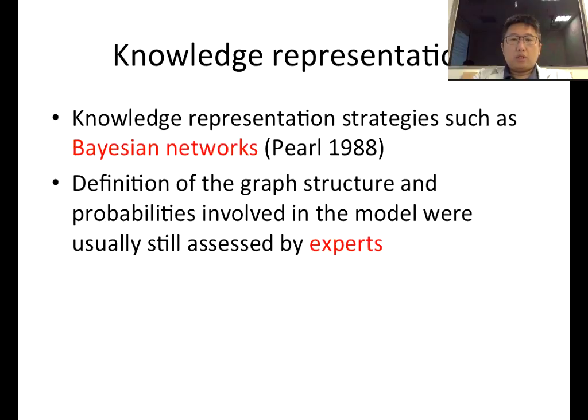The Bayesian network is a kind of graphic structure to represent knowledge. Actually, my master's thesis applied the Bayesian network. But in this chapter, we won't cover the Bayesian network. Just let you know that we usually use graphic structures to represent medical knowledge.